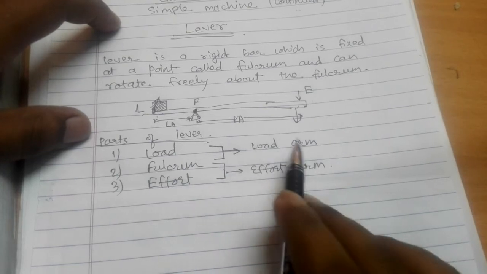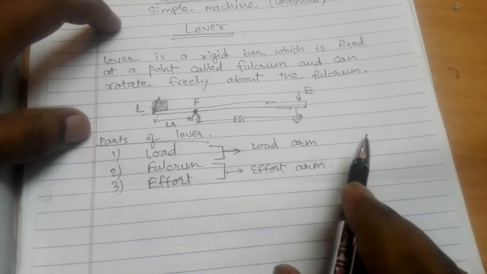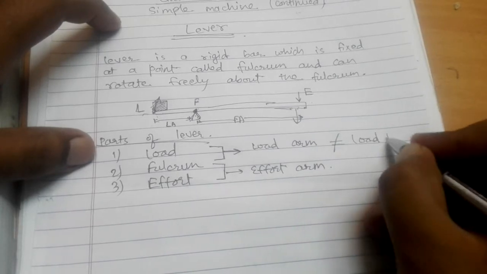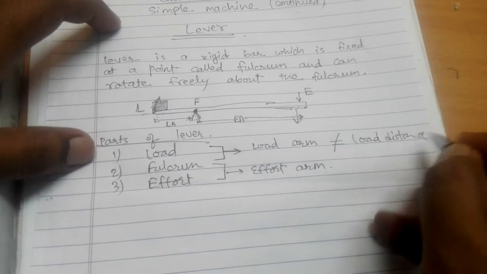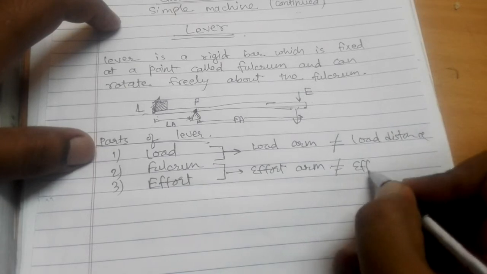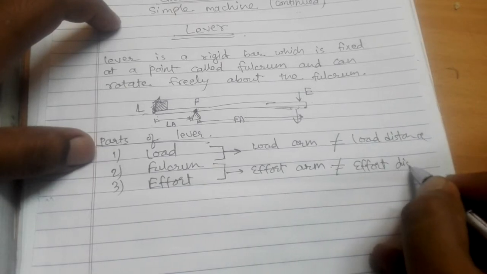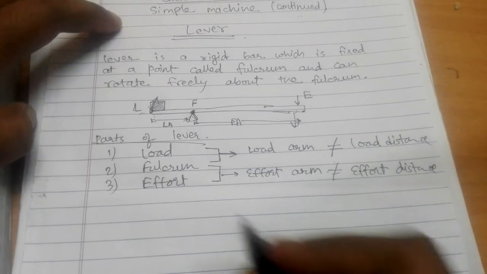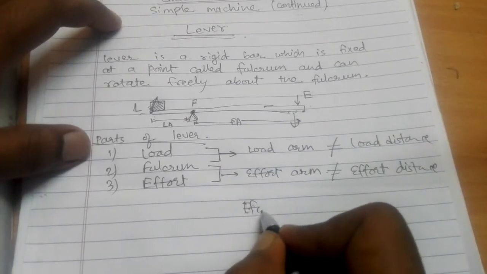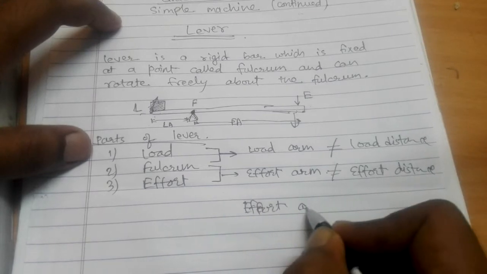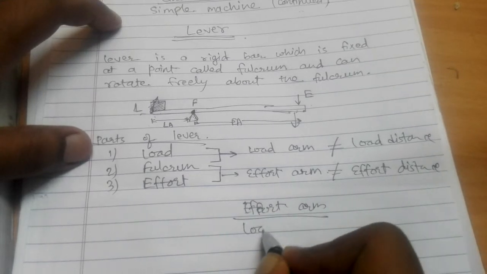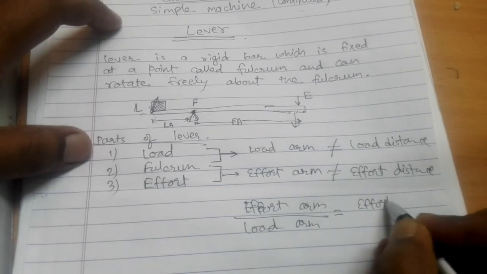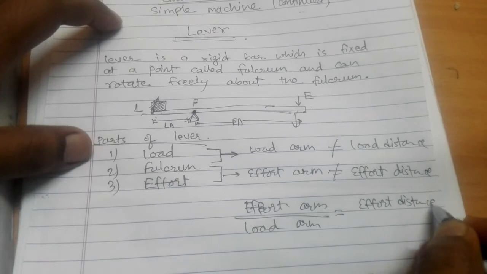But don't be confused, load arm and load distance are not the same, neither are they equal. Effort arm and effort distance are also not the same, neither are they equal. However, the ratio of effort arm to load arm is always equal to the ratio of effort distance to load distance.